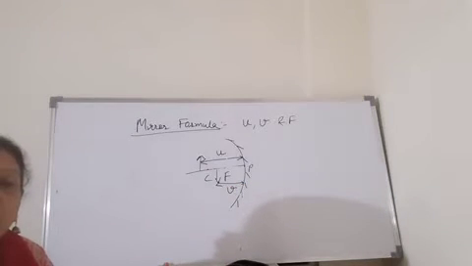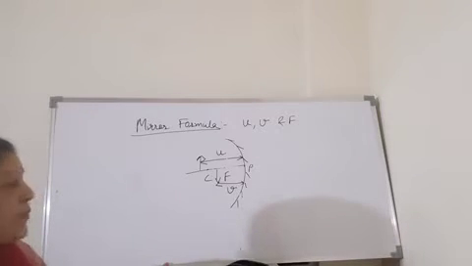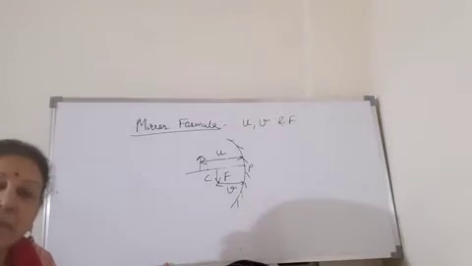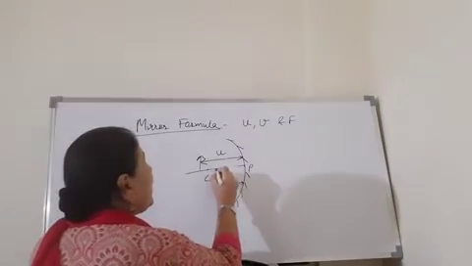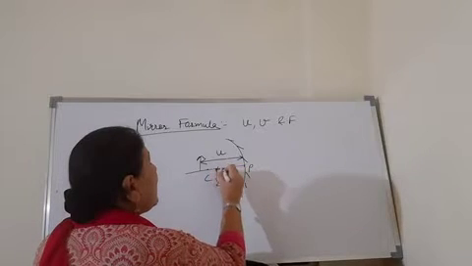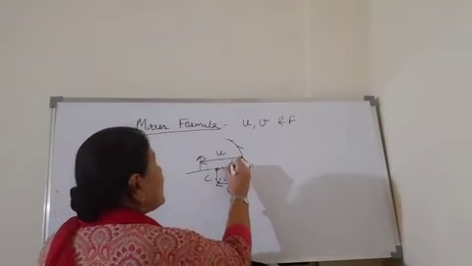So what is U? The distance between the object and the mirror. What is V? The distance between the image and the mirror. What is F? The focal length. You already know that the focal length is referred to as small f.